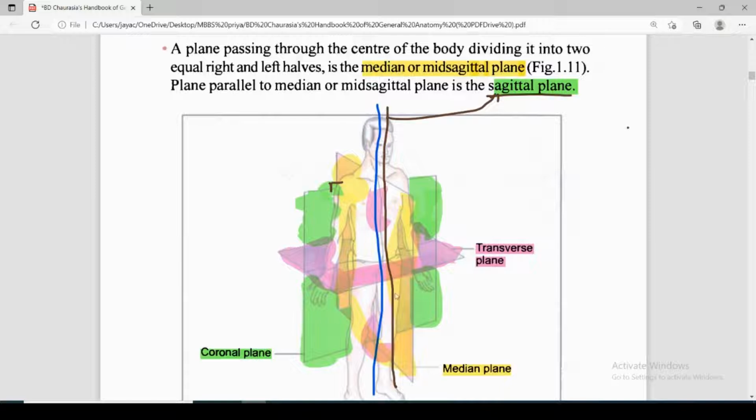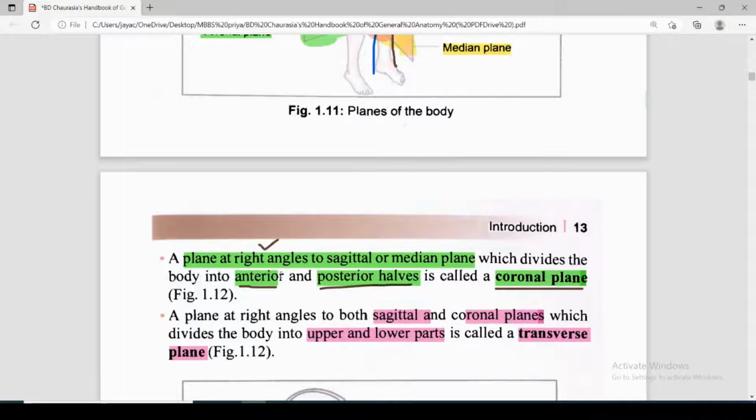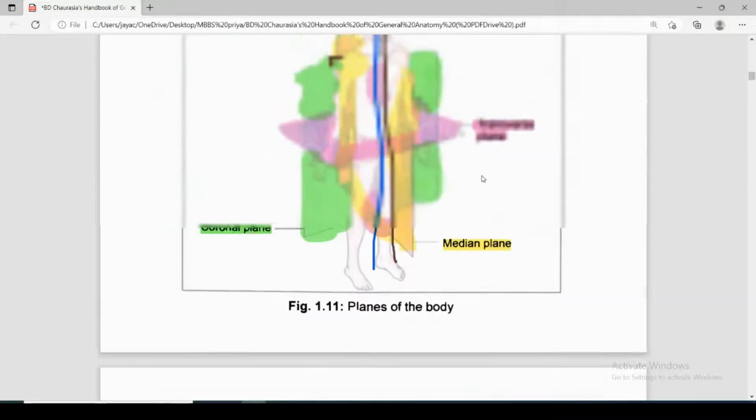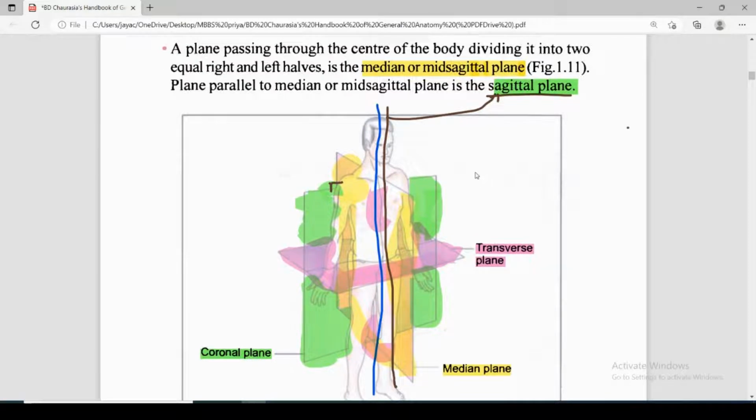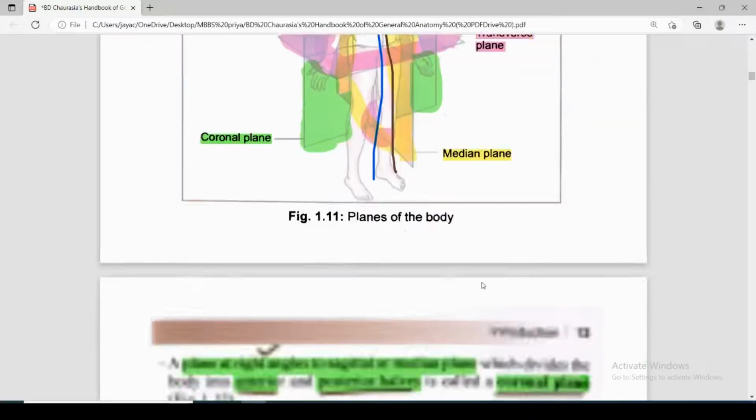And next, a plane that passes through the body at right angle to the sagittal or the median plane, dividing the body into anterior and posterior part, is called the coronal plane. And the next plane is at right angle to both the coronal plane and the median plane, dividing the body into upper and lower part. It is called the transverse plane.